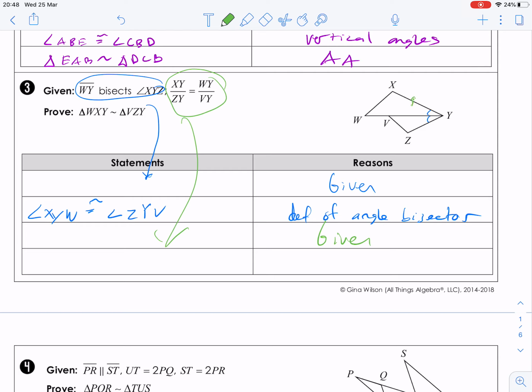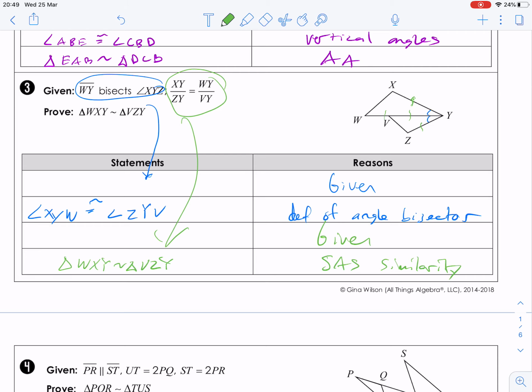XY is proportional to ZY, just as WY is to VY. Yeah, so we're good. This means triangle WXY is similar to triangle VZY because of SAS similarity.